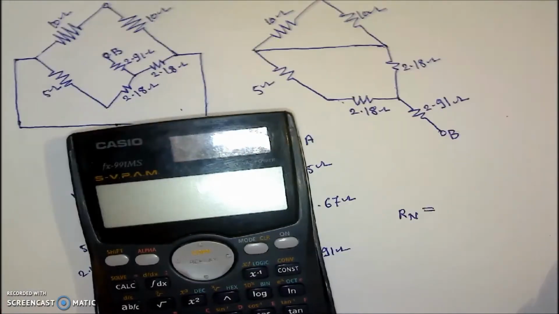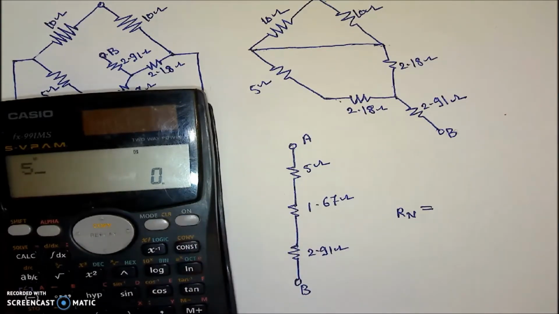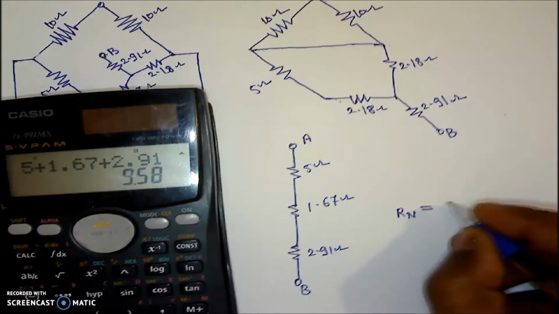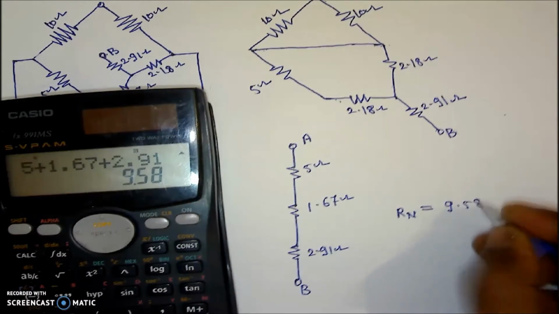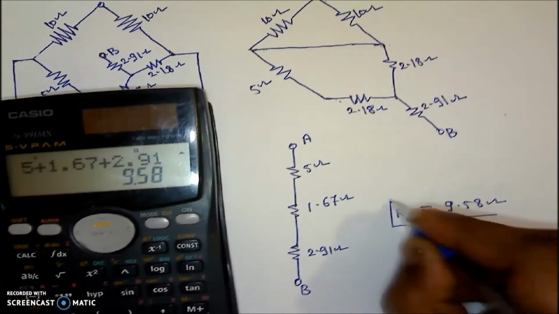That is, the total calculation: this 5 ohm is in series with 1.67, in series with 2.91. This total value is found to be 9.58. This 9.58 is the value of the Norton's resistance or Norton's equivalent resistance.